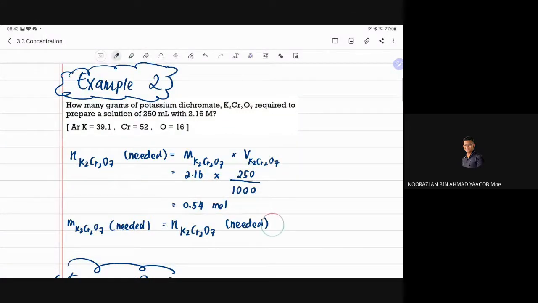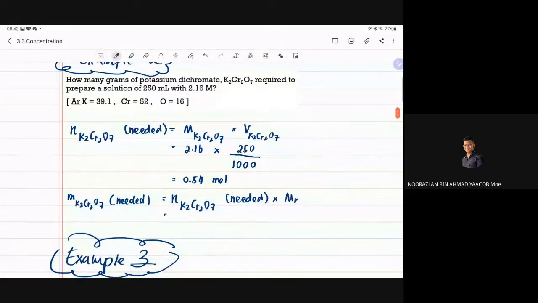Okay, darabkan dengan Mr. Jadi ini kita dah kira 0.54. Now kita kirakan Mr dia.